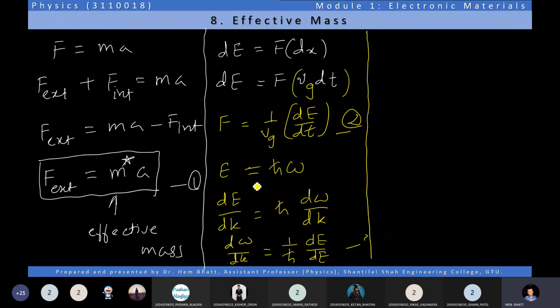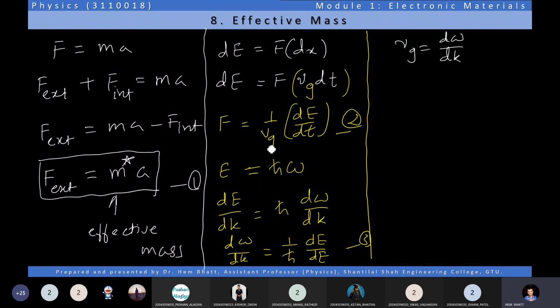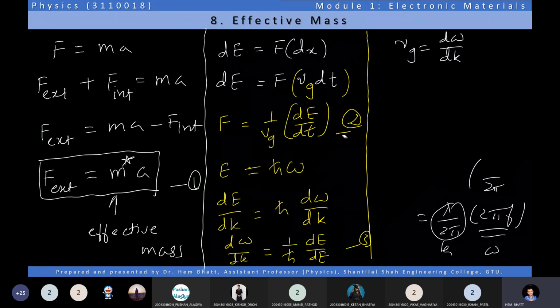Let this be the third equation. You will soon realize why we are doing all this. So now I'll take Vg, which is d omega by dk. Where did this come from? v is equal to lambda f, multiply and divide by 2 pi. So you will have lambda by 2 pi and 2 pi f. This is omega and this is k. Okay, so you can write Vg as d omega by dk.